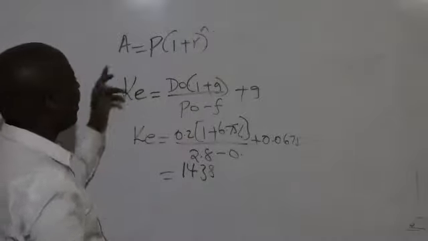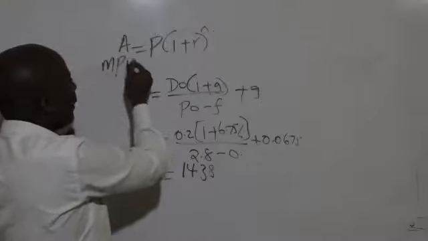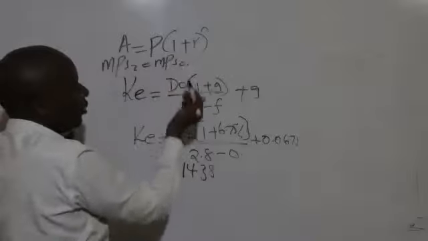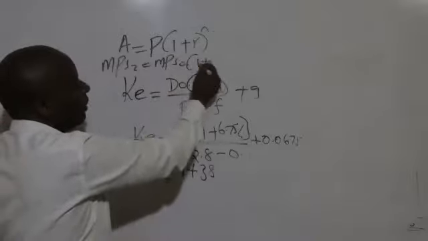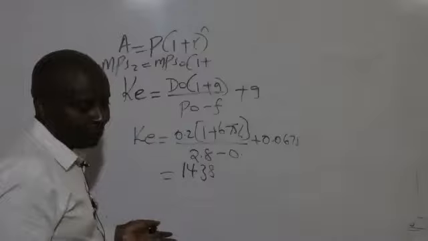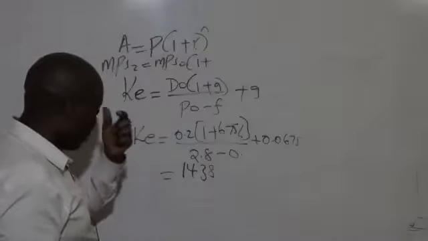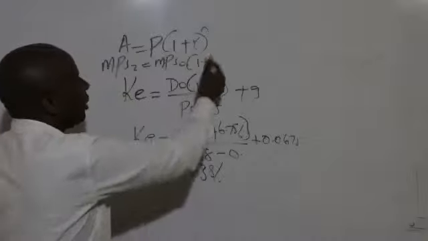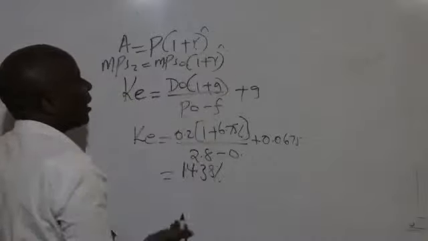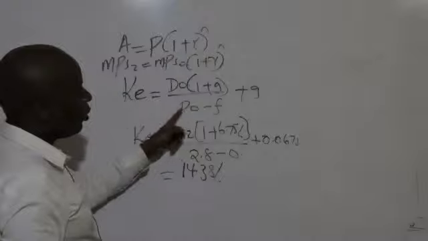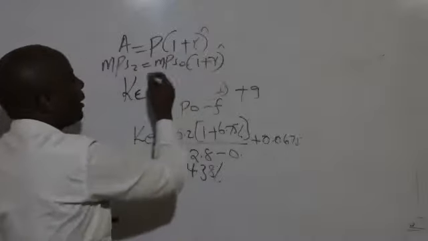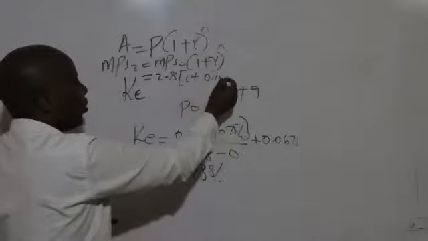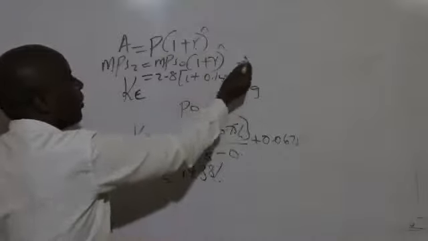This amount will be MPS at the end of year 2. The principal will be the MPS at time 0. R is the cost of capital, 14.38%, raised to power n. The current P0 is 2.8 into 1 plus 0.1438 raised to power 2.